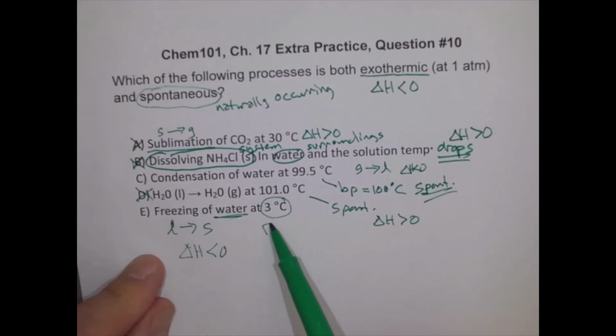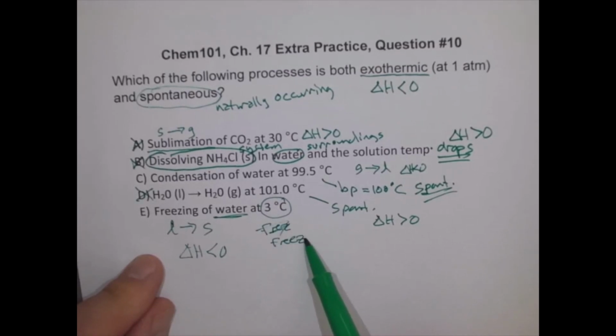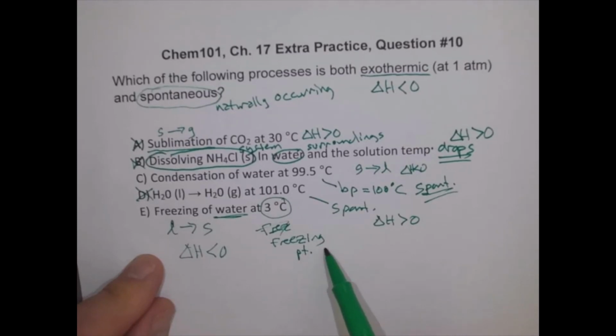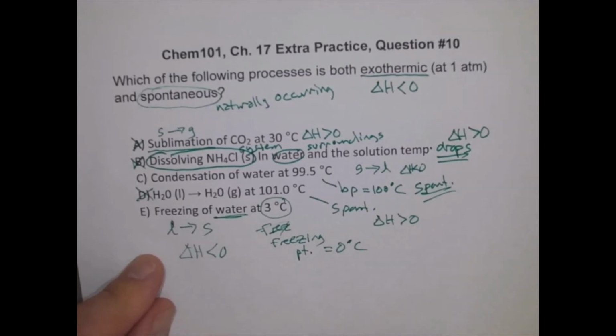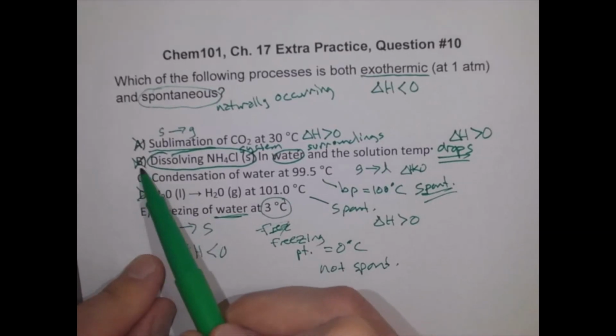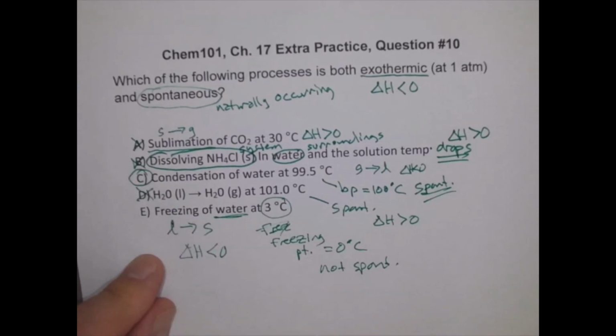Well, no, because the freezing point of water is 0 degrees Celsius. So we're not at the freezing point or below the freezing point. So it is not spontaneous. Okay, so the only one that meets both the criteria is C, and that will be your answer.